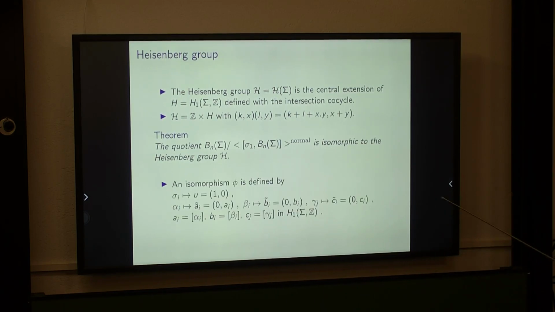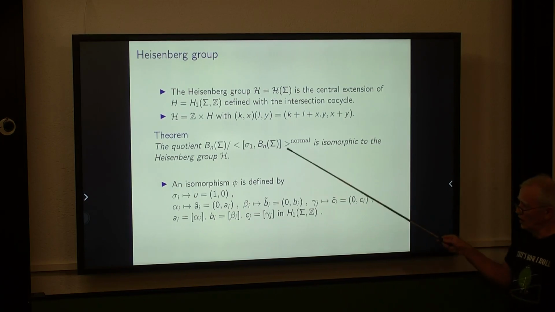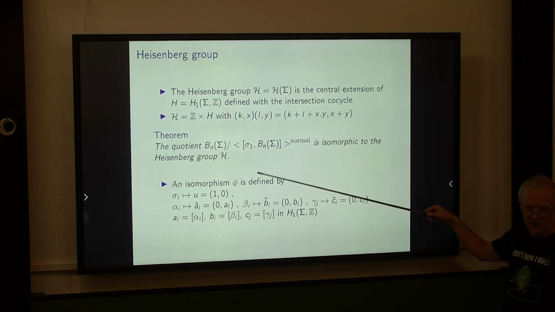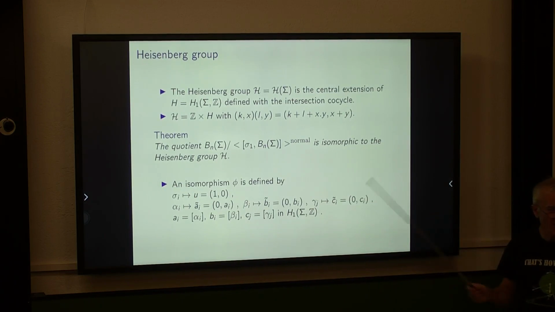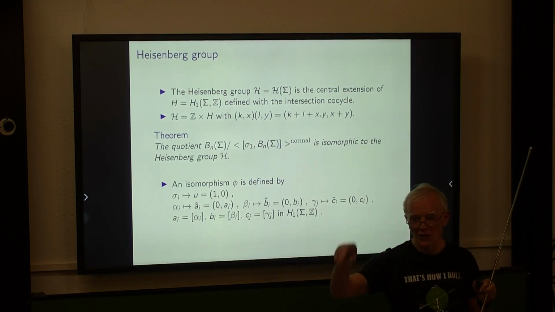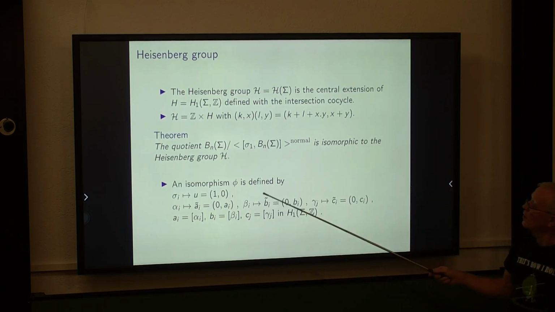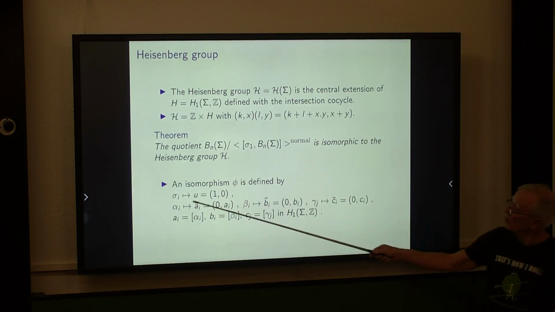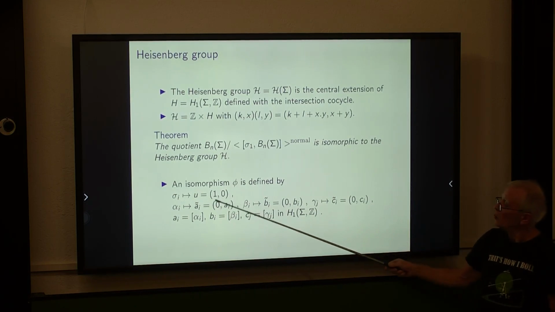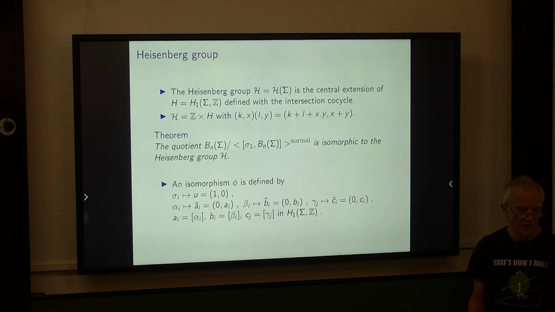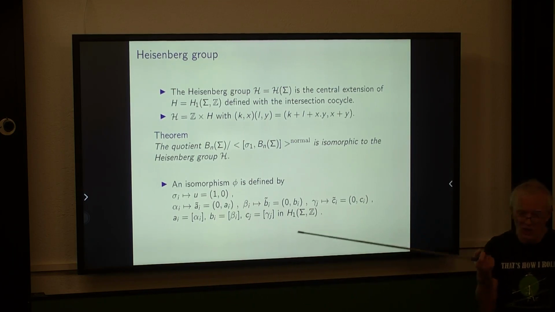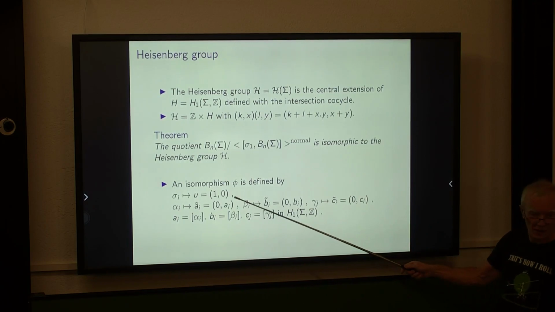We should be careful that it is isomorphic as an abstract group, but the isomorphism is not canonical. It comes from the presentation of the surface. You should think here that you may have an ambiguity through automorphism of the Heisenberg group. An explicit isomorphism sends sigma i to the central generator, the generator of the extension, which I denote by (1, 0) in this model.